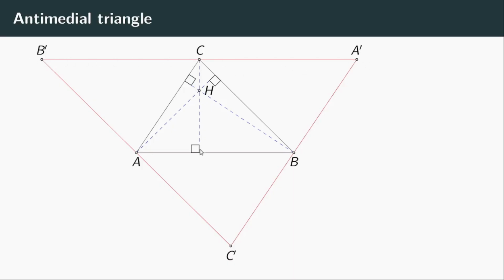Right, if this altitude here is the perpendicular bisector of A prime, B prime, that much is clear. Or honestly, right, ABC is the medial triangle of the big guy, so C has to be the midpoint of A prime, B prime. We know that the big guy is similar to the little guy. So just using that, you should be able to figure out what A prime, B prime, C prime need to be. So do take a look at the homework and see if you can flesh that out.